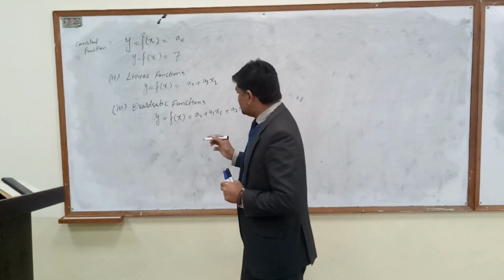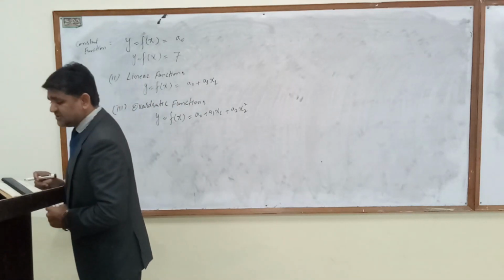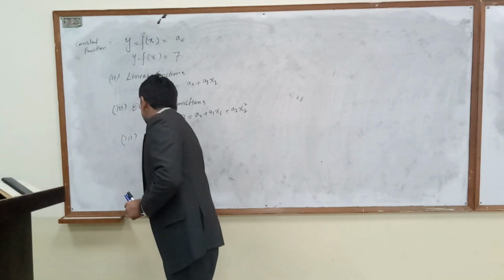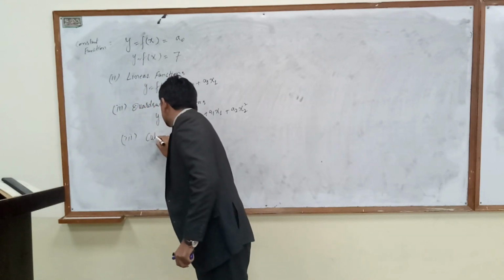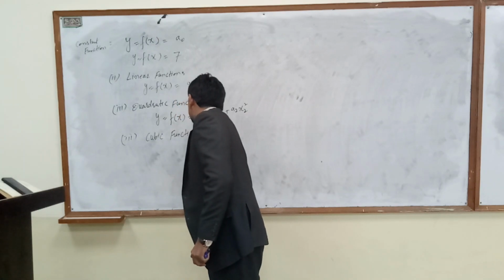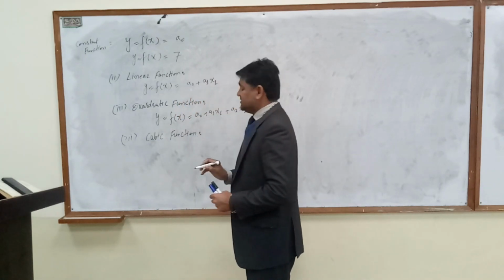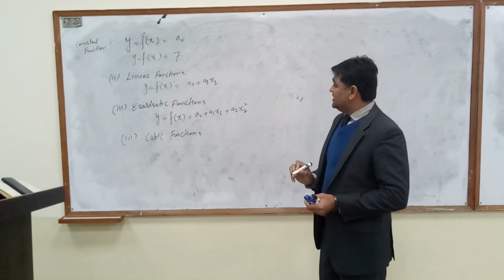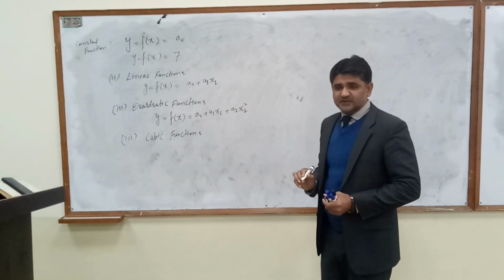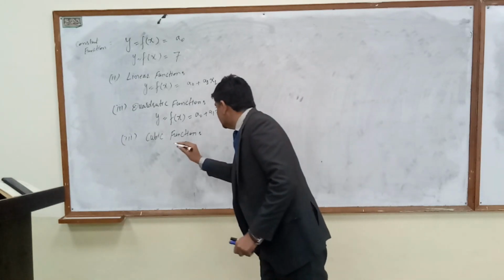Next is cubic function, where the power of variable is maximum 3. Cubic function, where the power of variable is 3, is called cubic function, and it can have a general form. What can be the general form in this?